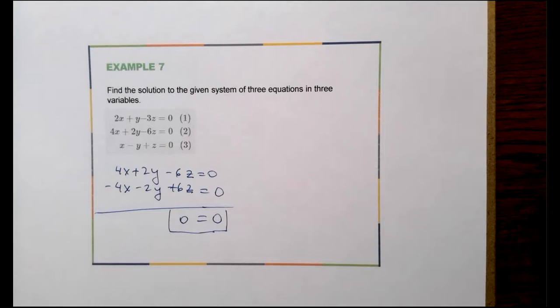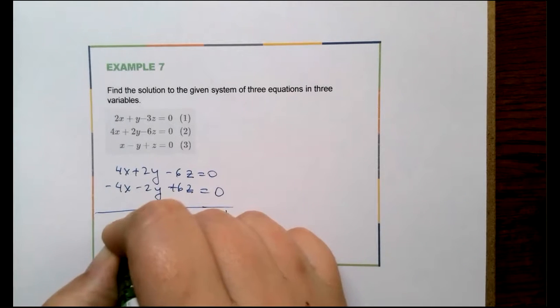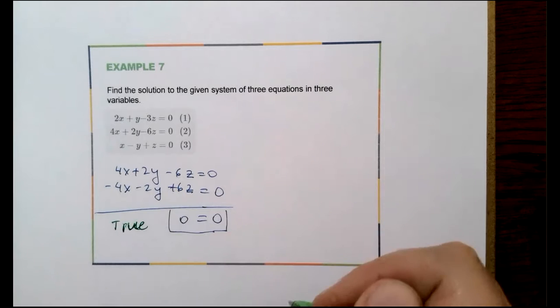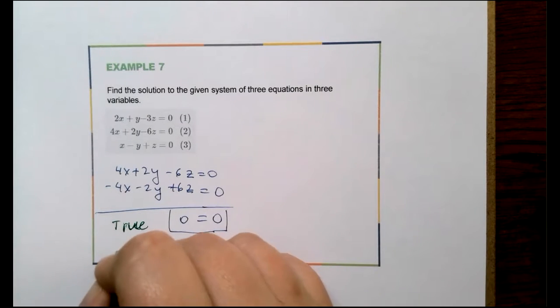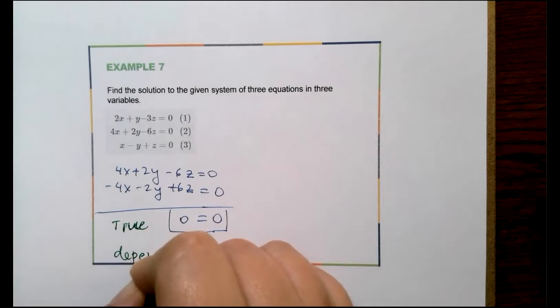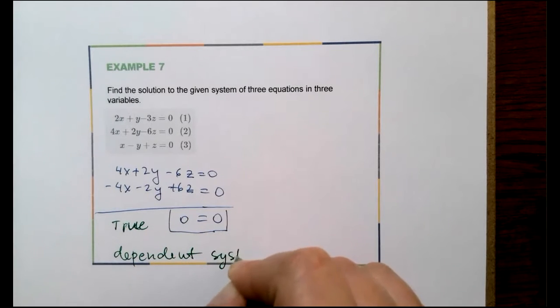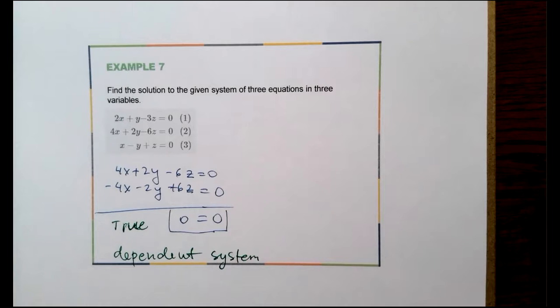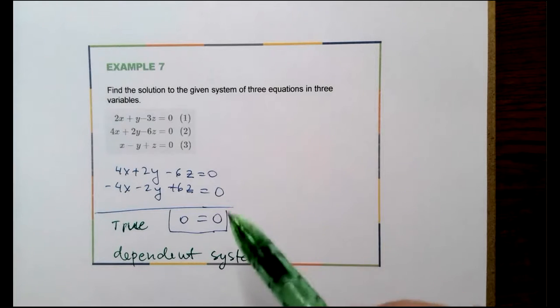What we got is a true statement, and a statement that's always true is also known as an identity. This tells us that we're looking at a dependent system. Now we know that the system has infinitely many solutions. The question now is, how do we write the answer to this system?